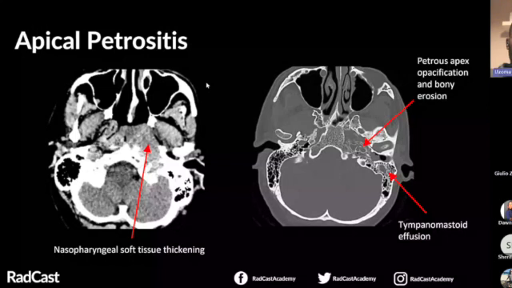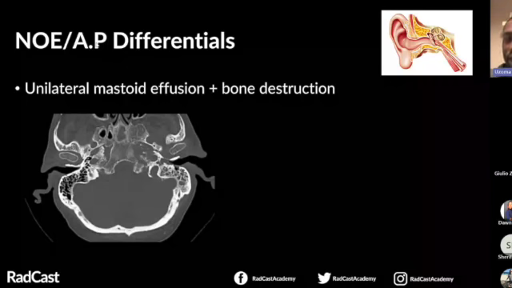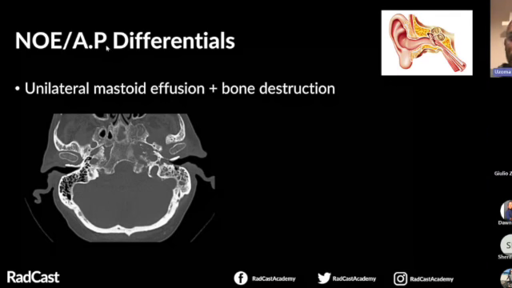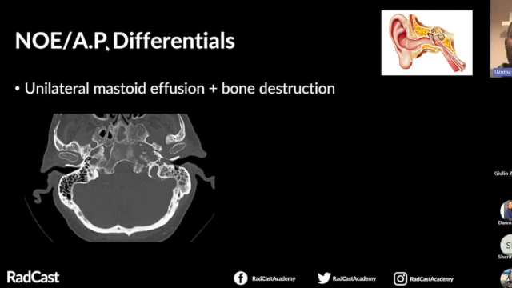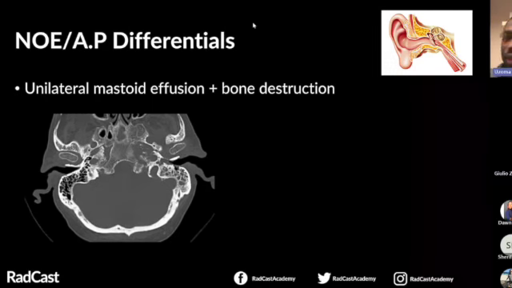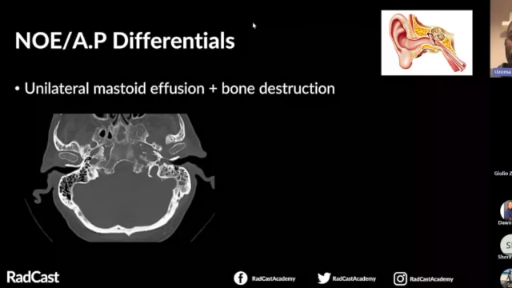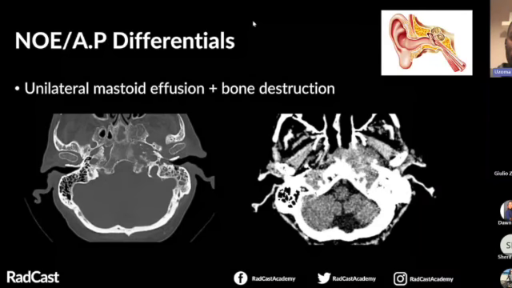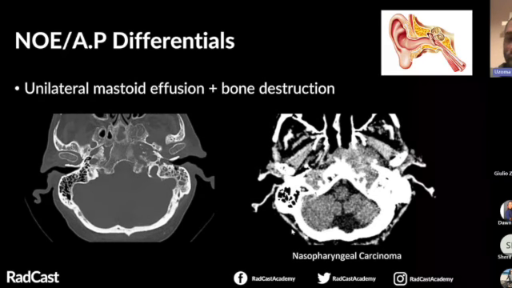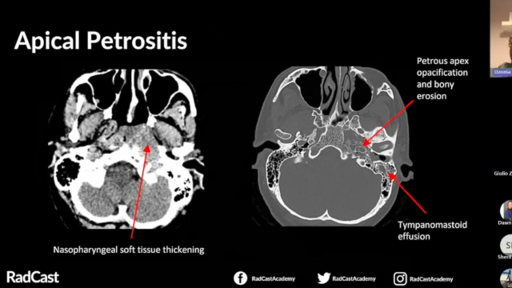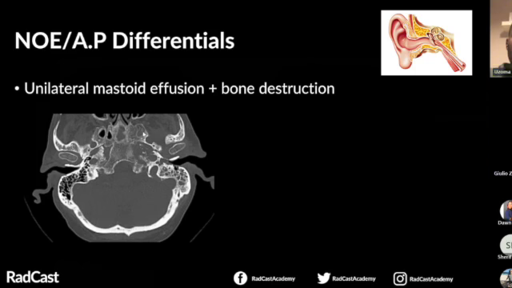Now, obviously, if you have these sorts of appearances with lots of opacification, soft tissue thickening, and erosion, you want to be thinking, could this be something else other than infection? Namely, could it be a malignancy, like a nasopharyngeal carcinoma? So you can see how similar that malignancy looks to this infection. They almost look like identical cases.